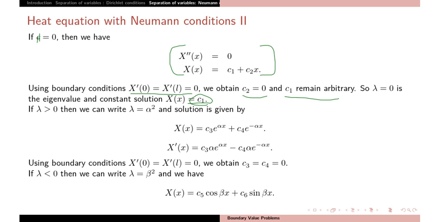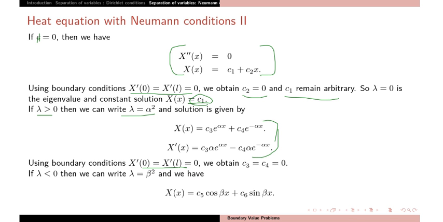And when lambda is positive, write lambda equal to alpha square. So the solution is exponential. In this exponential form, just use the boundary conditions.